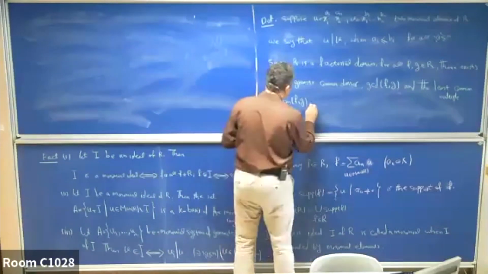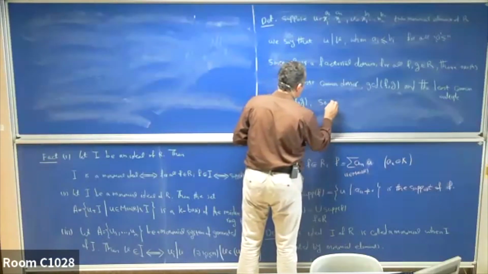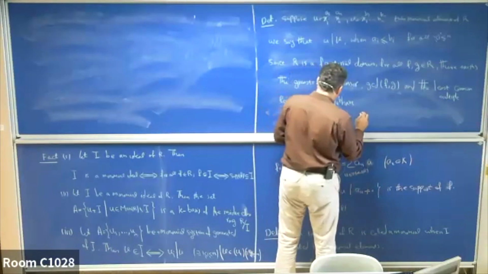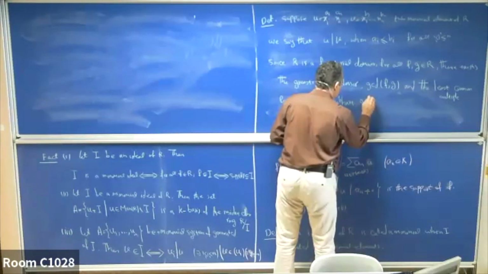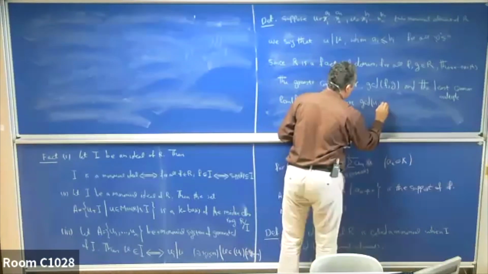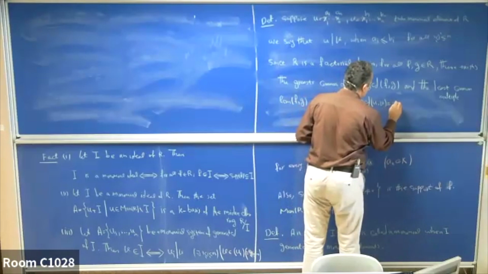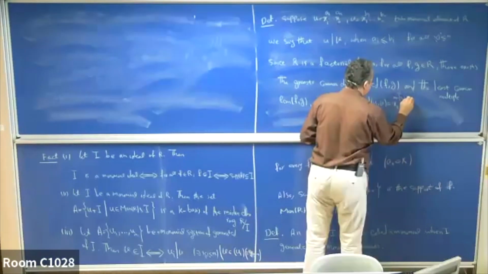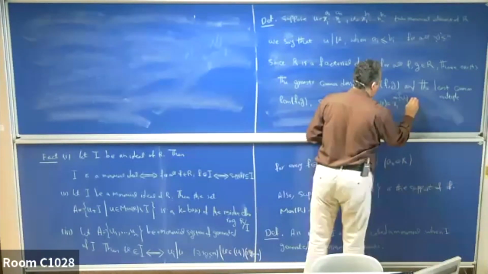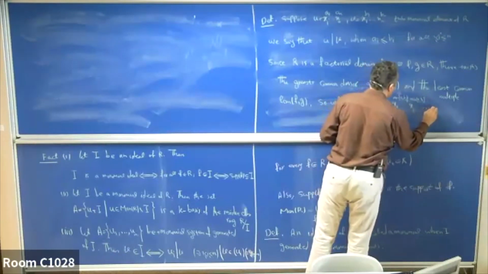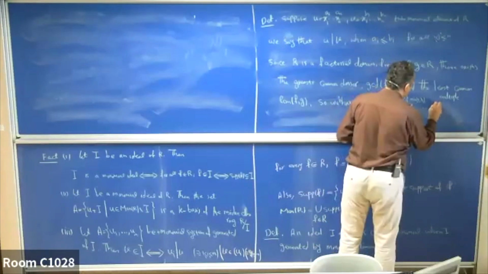So we have the GCD of these two elements, u and v, is equal to x1^min(a1,b1) x2^min(a2,b2) and so on, xn^min(an,bn).